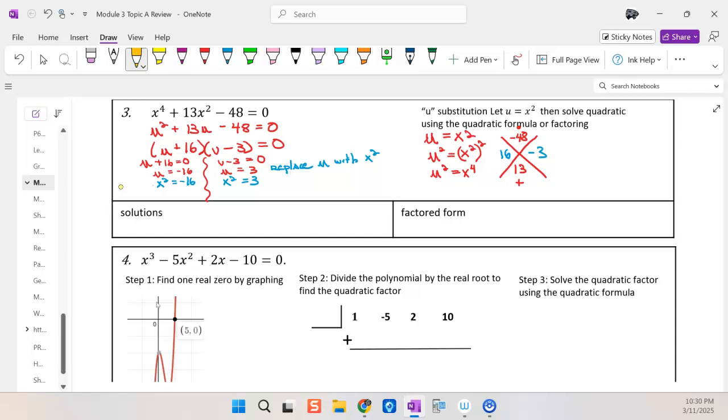Right? When I take the square roots of both sides, I get x is equal to, that's -16, so that's going to be plus or minus 4i. And then over here, I'm going to have x equals plus or minus the square root of 3.